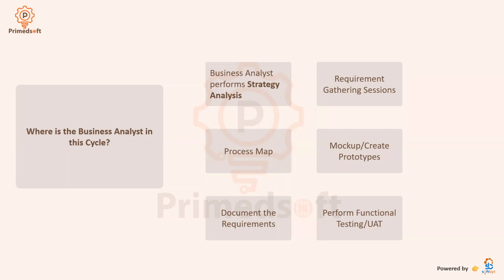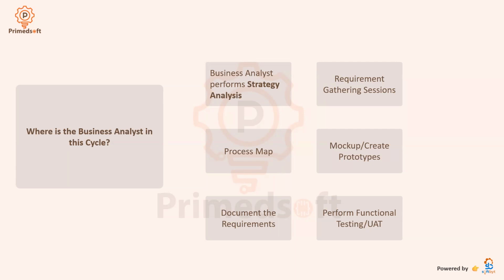You go out there, you analyze and find out if this is worth doing and what kind of solution it is. How is it going to benefit the company? You make a thorough strategy analysis about that particular project. That's what that is. And when it is approved that we can build it, we can go ahead and build this project. So as a business analyst, it is not certain that this project will be built.